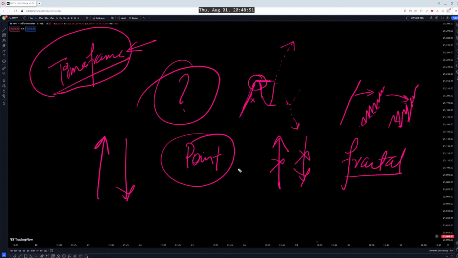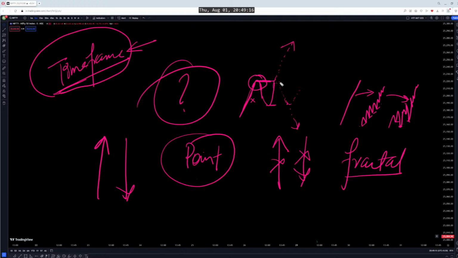Now I'm giving you that clarity: first you have to look for the time frame that you're following. Then you have to look for the left side reversal points. If it's a trade continuation, then you have to see what will happen at this point: to continue the trade in that direction, or to get rejected and reversed in the other direction, or to become a consolidation for a longer time.